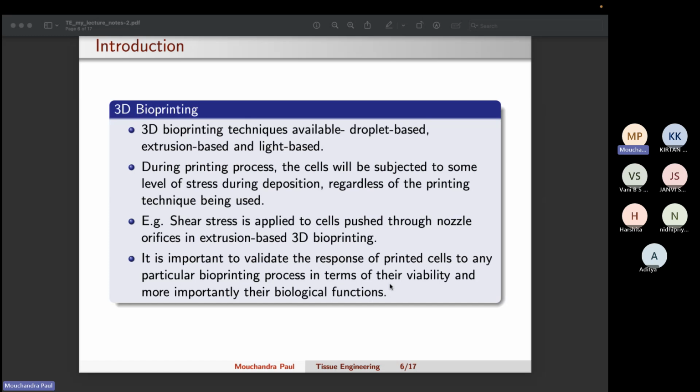Because if your 3D model does not have enough living cells in it, then when you culture it, you won't get an artificial tissue with function. The cells won't function properly, all right? And you won't be able to see the other characteristics that the tissue should have.